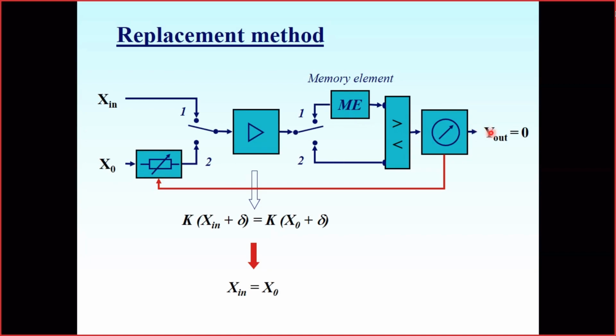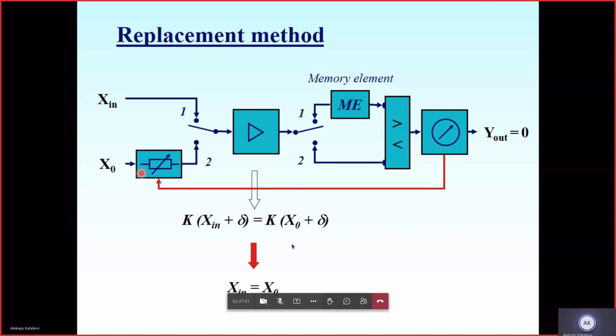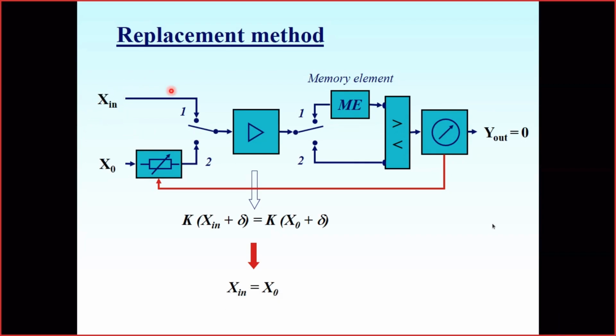And when I get this balanced, what may I state about the value of this reference source? The scale was in balance when I put my unknown value x in, and I made it balance. Now I remove my input value and add the reference value. And once more, I lead my device to balance back.